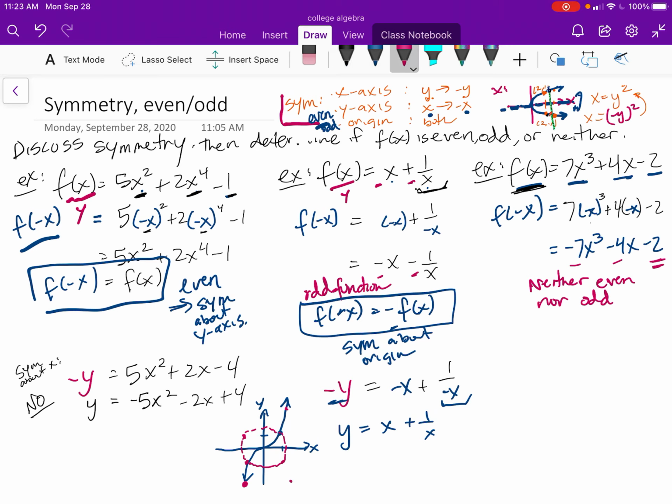Instead of f of x is y, I'm going to do negative y, and then equals 7x to the third plus 4x minus 2. Solve for y. y equals negative 7x to the third minus 4x plus 2. And this is not the same as the original, so therefore it's not symmetric about x.